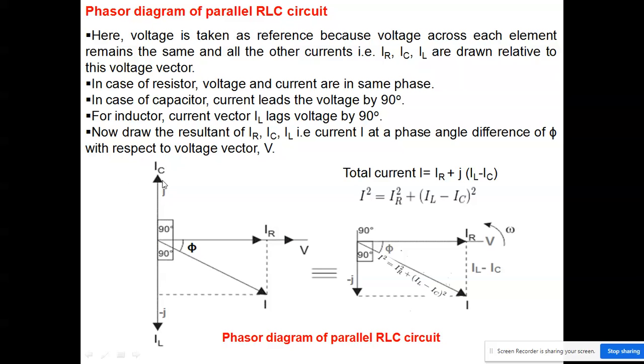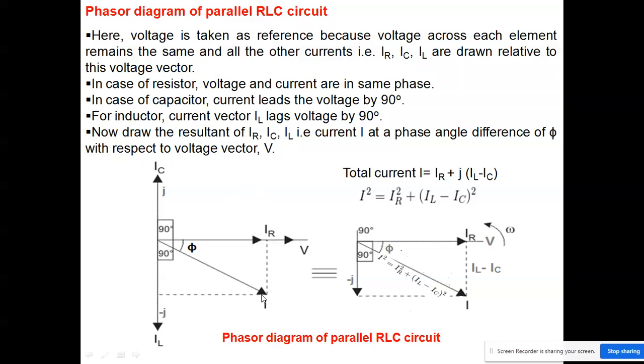And when we are talking about the inductor, in this case our current lags behind by 90 degrees. So that's why we are writing our current this way. Is it okay?